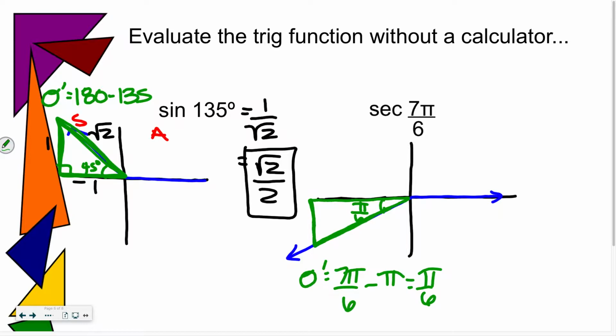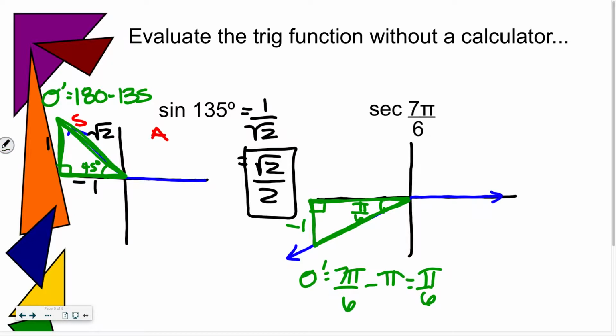Now, when you're labeling this triangle, if pi over 6 is the smallest angle, like 30 degrees in a 30, 60, 90, then the side opposite has what value? The smallest side, which is 1. And because this is quadrant 3, it must be down 1, right?